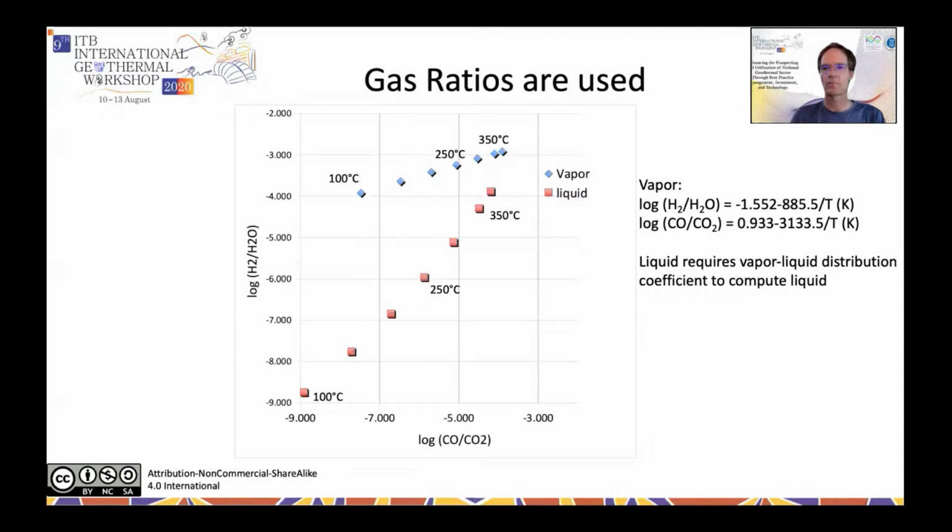So I've shown you how we can use CO2 flux and gas chemistry to establish where fluids are coming from at depth, what the temperatures are, what the source is in terms of liquid or vapor, and where most of the flux would be coming up.